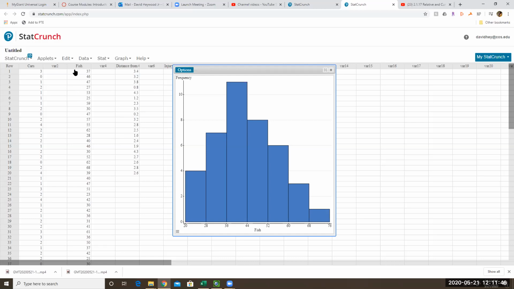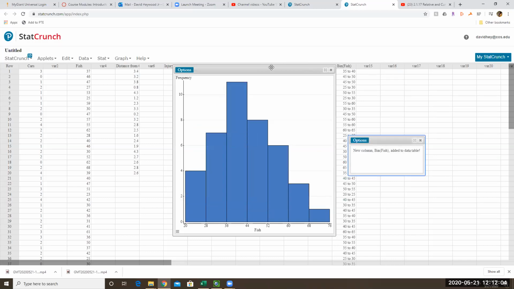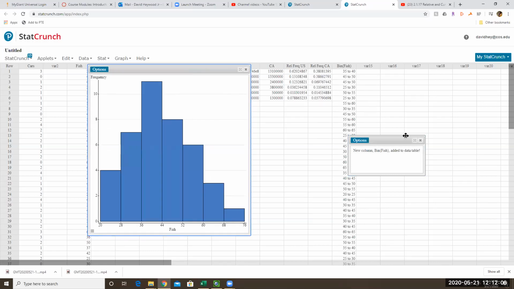So you'd have to go to something like data, bin, and then say, I want to bin the fish data into groups of 5, starting at 20 and having a bin width of 5. And then you hit compute, and it spits out this new column that has the data binned into these different classes.